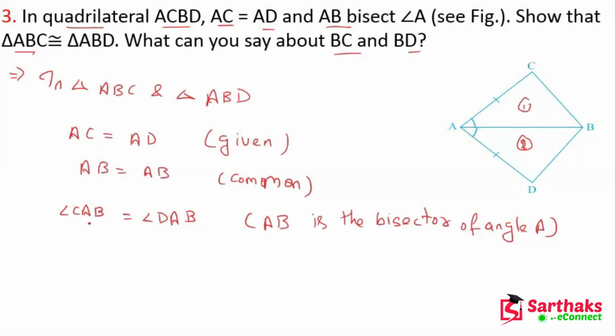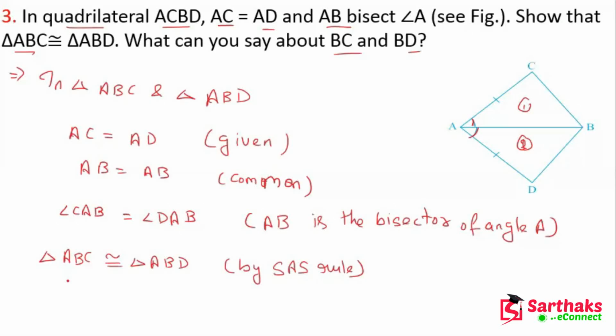So we can write here that triangle ABC is congruent to triangle ABD, by the side angle side rule.